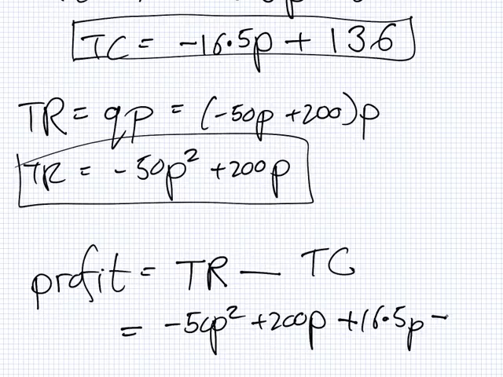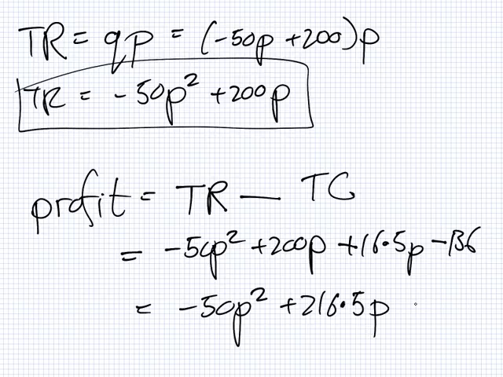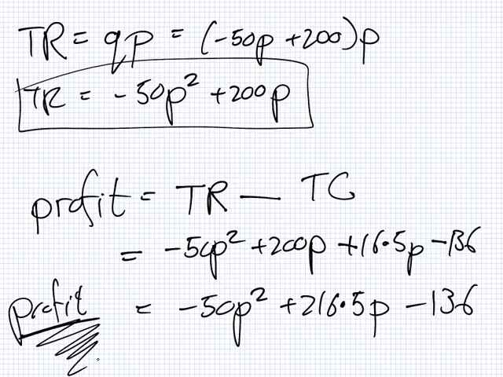So that will be minus 50p squared plus 216.5p minus 136. This is the profit. The business doesn't care how many cups it sells, how much money comes in, how much money goes out. The only thing they care about is their profit, how much money they have at the end of the day after the sales and the costs. They only care about profit, nothing else.